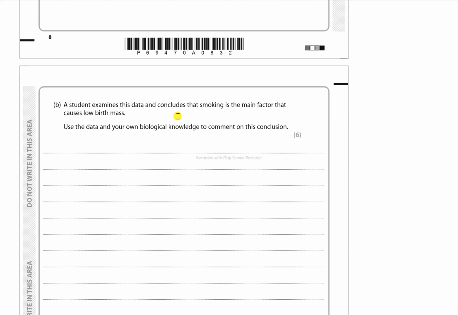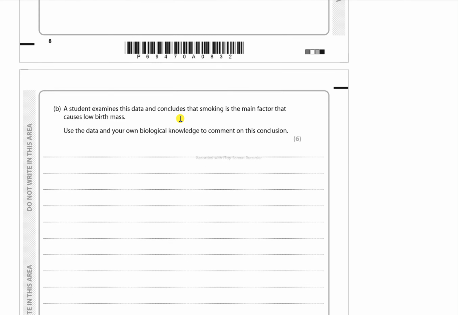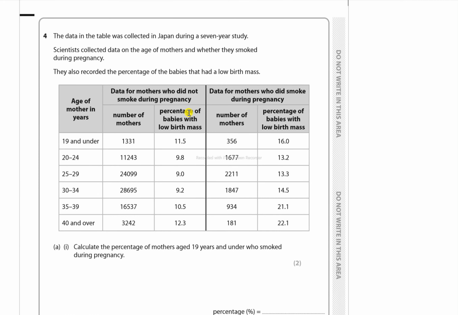Oh my word, does that mean, yeah, that means a graph. Come on then, let's get on with it. Right. The data in the table was collected in Japan during a 7-year study. Scientists collected data of age of mothers, whether they smoked, and recorded the percentage of babies that had low birth mass. So let's have a look here.